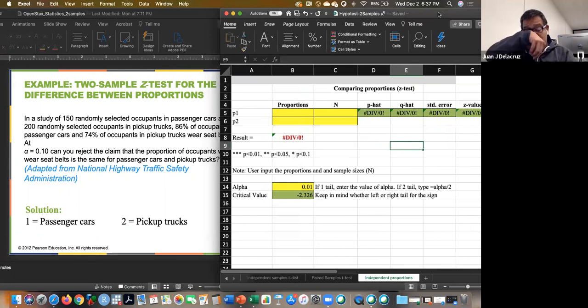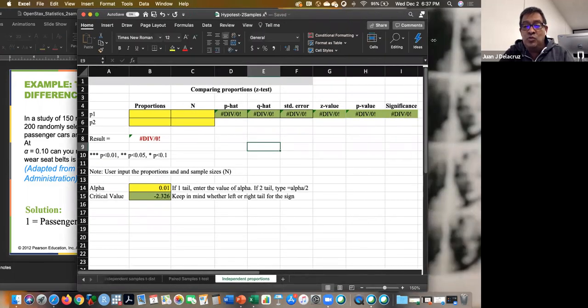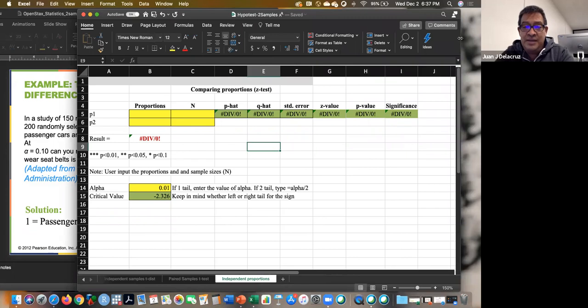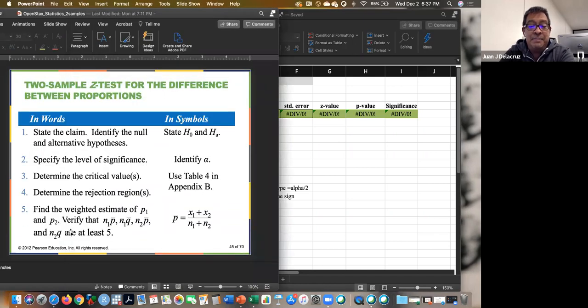So in this case, this is the Excel file. I think you should be able to open it. We have been working on this. As you can see, the green cells are formulas. For example, this is the formula for the p hat, or it's called p hat, but actually it is the p bar.